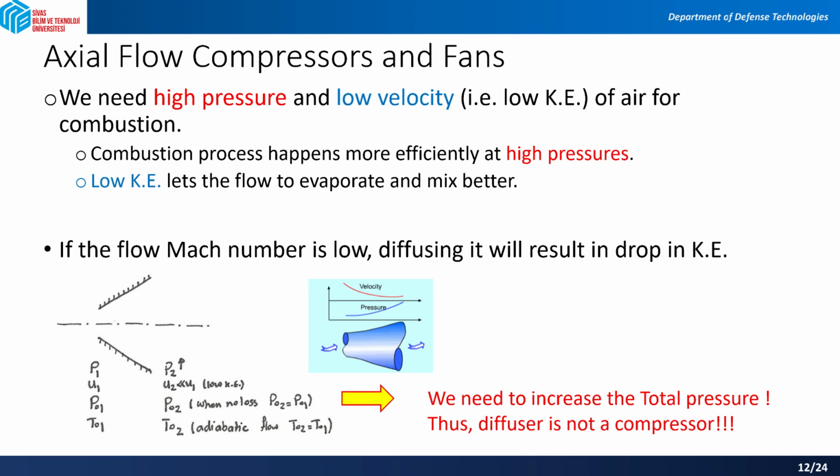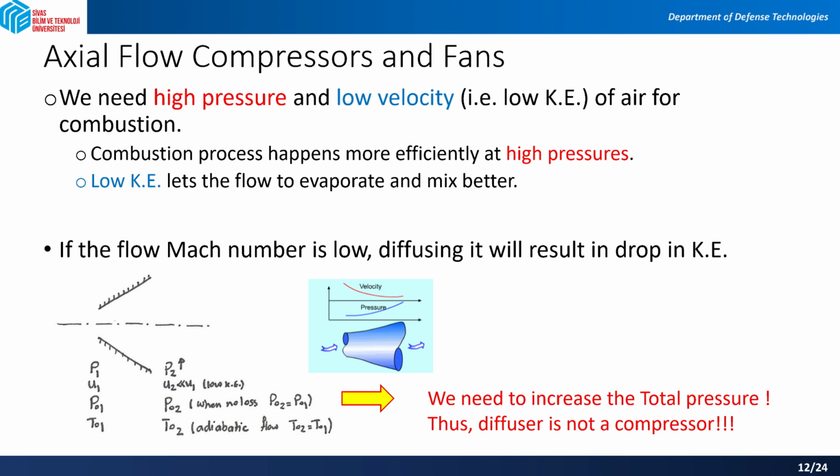But what is happening if there is no loss, if it is inviscid flow? So there is no boundary layer. It means that there is no loss. When there is no loss, it means that your total pressure stays the same. And if it is adiabatic flow, which is very normal, with no heat transfer to the ambient, so Q is 0, then your total temperature stays the same.